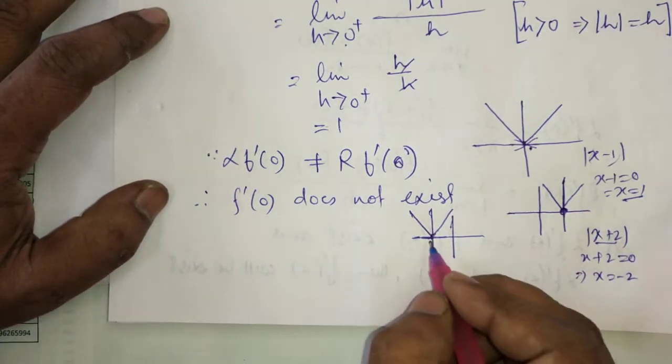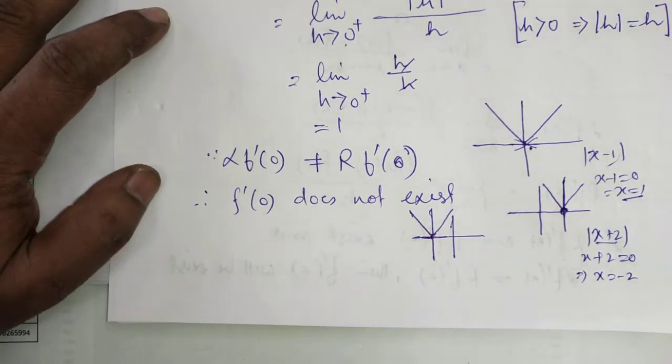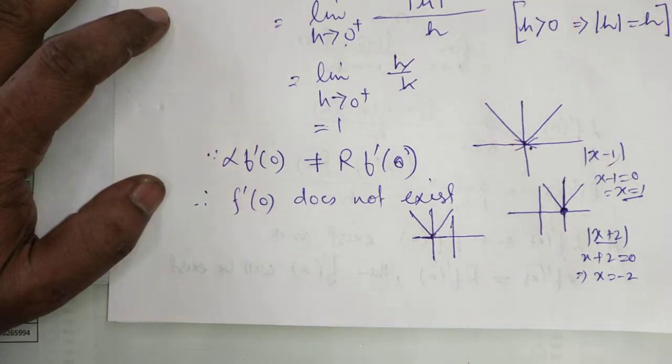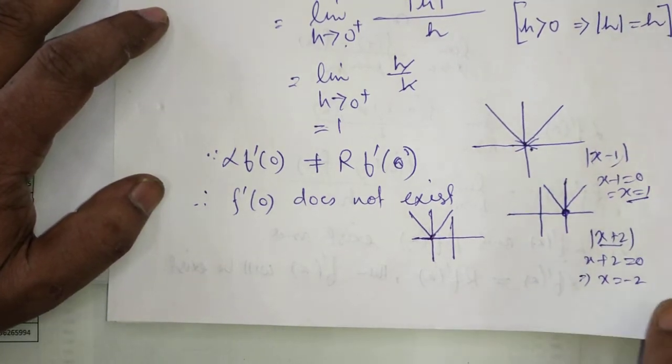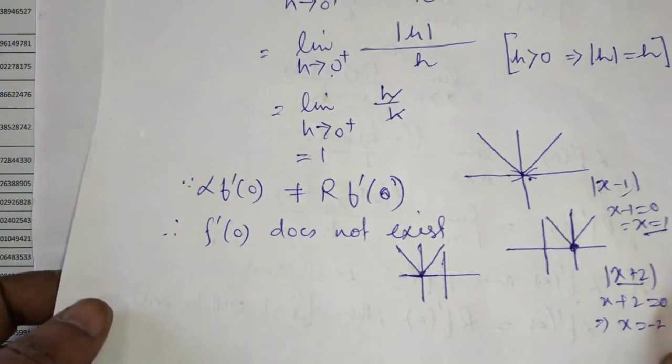That means at x is equal to minus 2 the function is not differentiable. So all such types of functions you can graphically show that the function is not differentiable. Okay, so this is one problem I have discussed. Another problem I am going to discuss is the greatest integer function, whether its derivative exists or not.